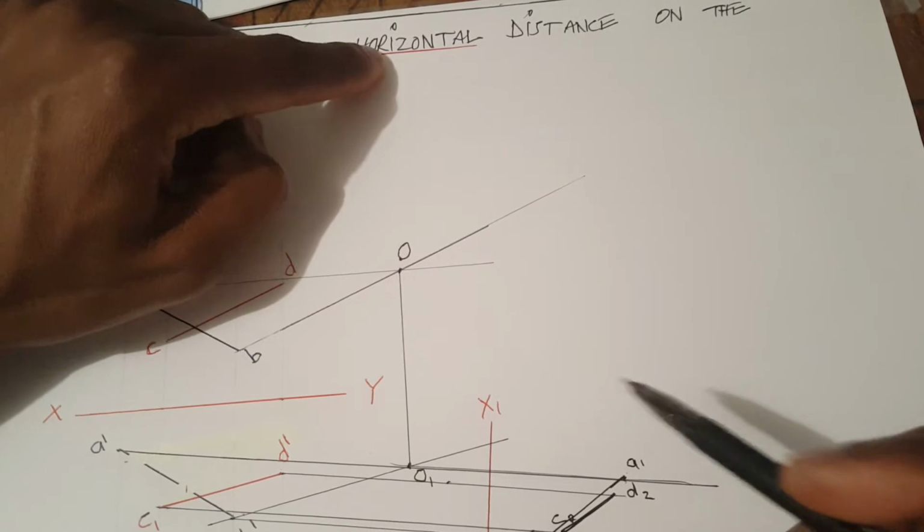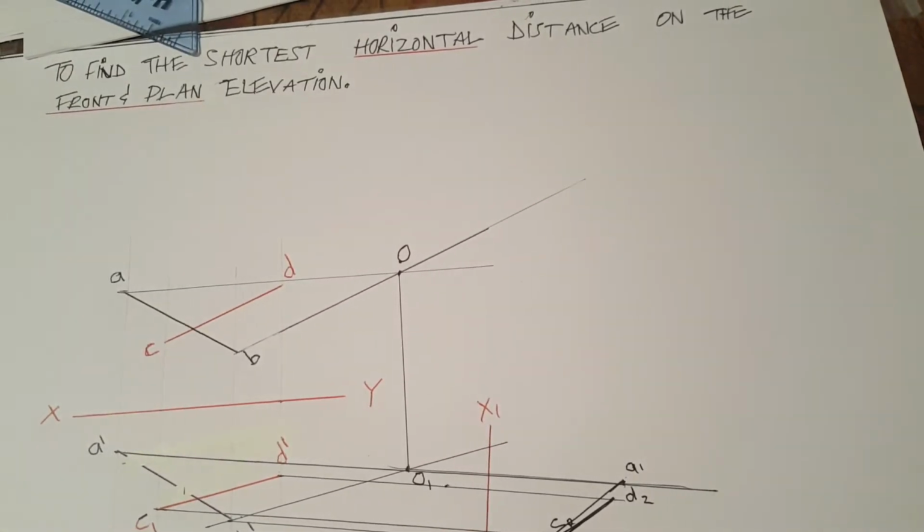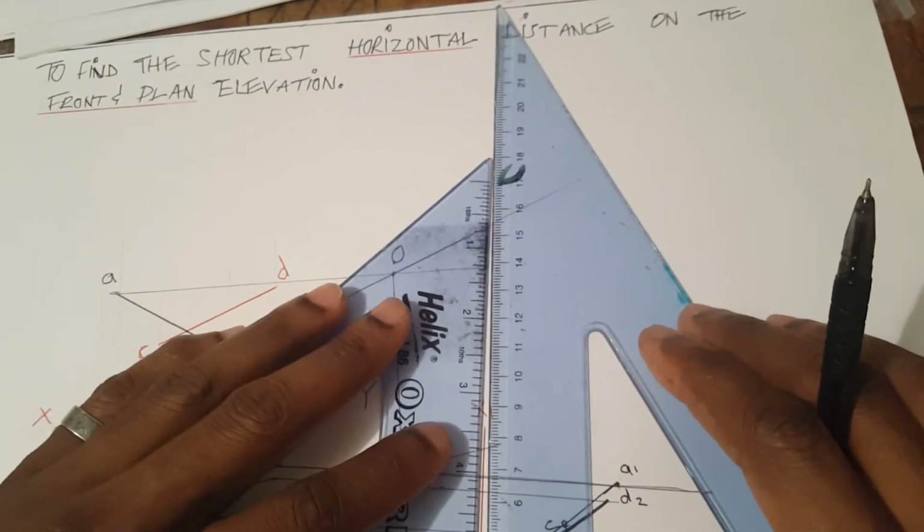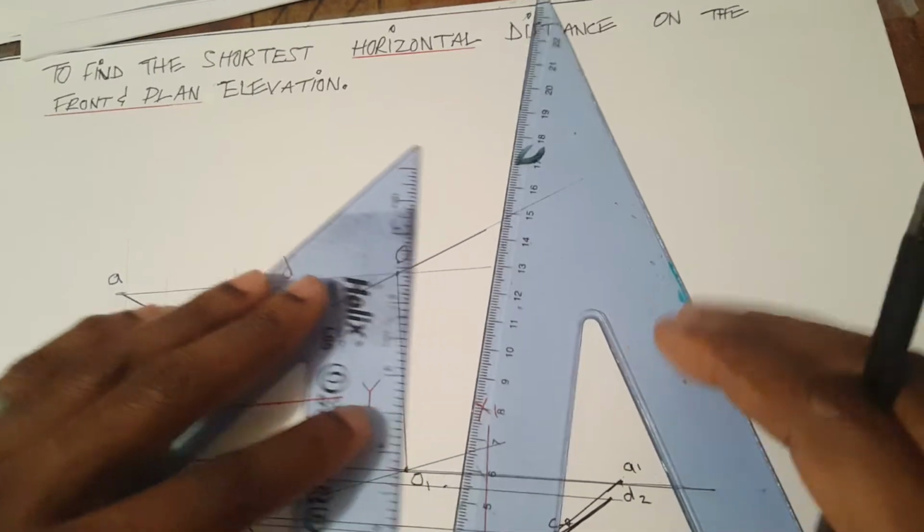For shortest horizontal distance, we must draw those points parallel to x1, y1. So I align here.